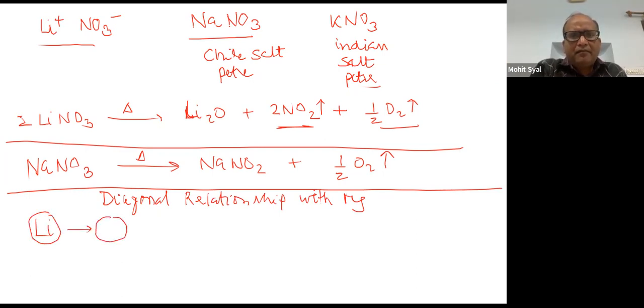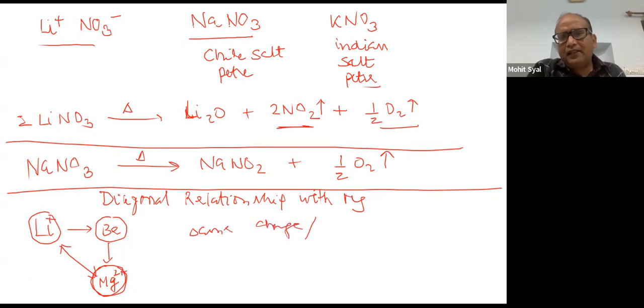If you move to beryllium, its size is going to get reduced because of more electrons in beryllium. Lithium has 3, beryllium has 4 electrons. They are going to feel more attraction, that's why size reduces. And when you go down, there is an increase in shell, so the size again increases. So lithium and magnesium will have approximately the same size or the same charge to size ratio.